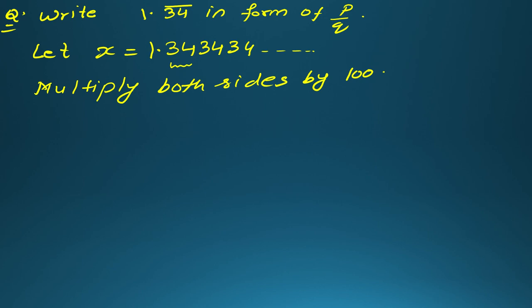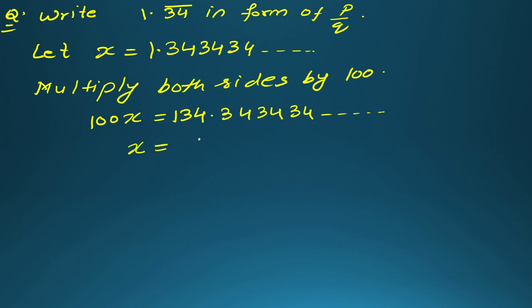So what will you get here? You will get 100x equal to, since we are multiplying by 100, two decimal places will be shifted to the right. So it will be 134.343434 and so on, and the original equation right below this: x is equal to 1.343434 and so on. Now subtract.